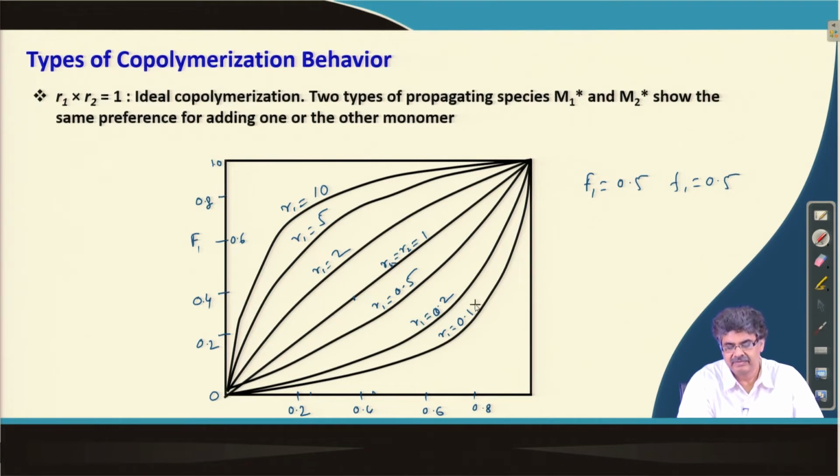So, if you can see here, in this set of curves r1 is greater than 1. So, the tendency of monomer 1 to get into the copolymer is higher compared to M2. So, for say a 20% monomer mixture, I have say about 70% M1 in the copolymer.